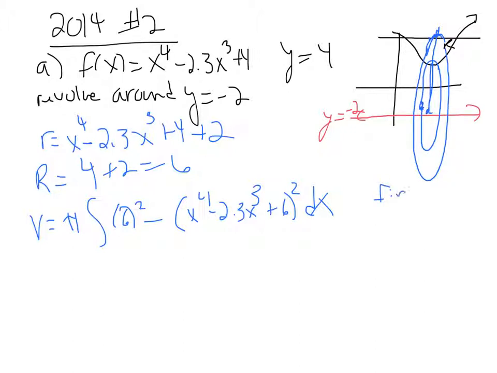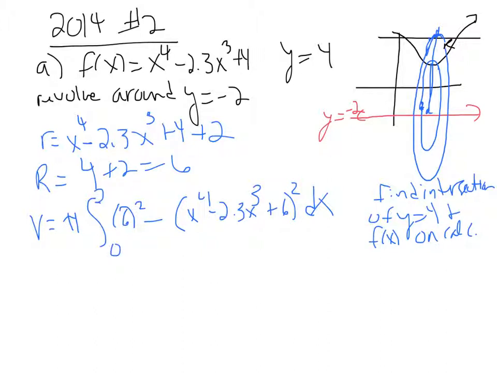So find the intersection of y equals 4 and f of x on the calculator. That ends up being 2.3 roughly. So this you just stick right into your calculator and let your calculator do the work for you, and you get approximately 98.868. Okay, so that's part A.